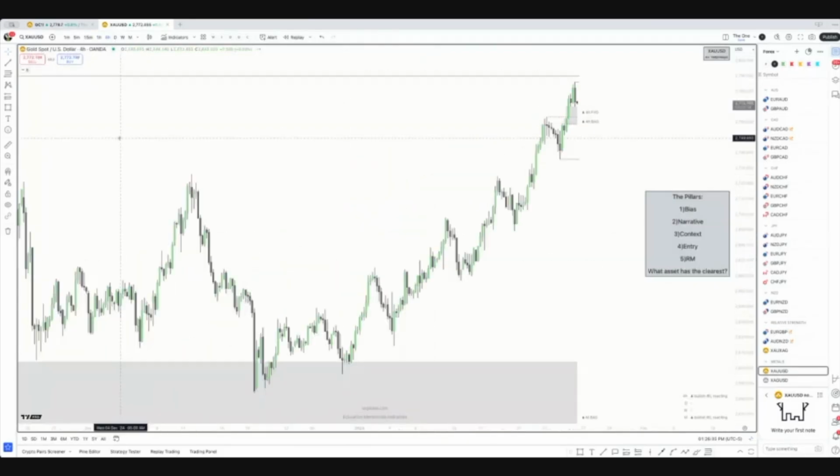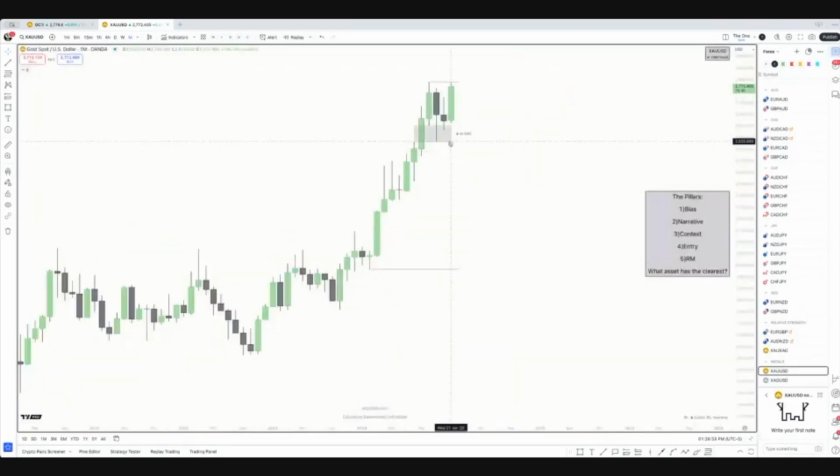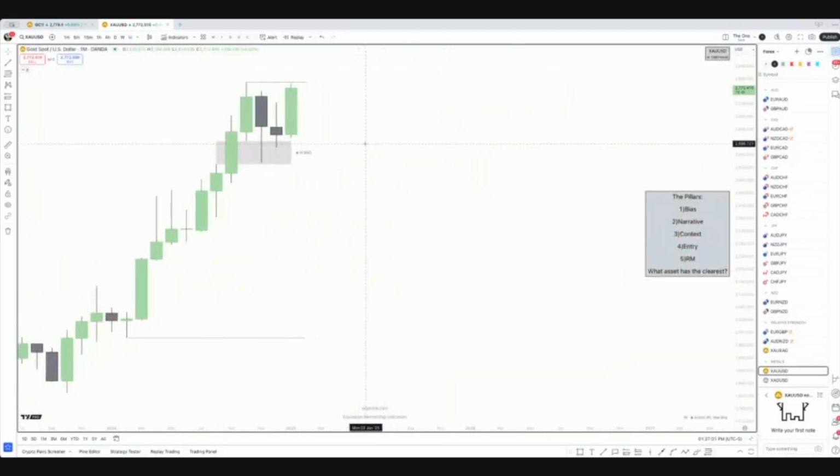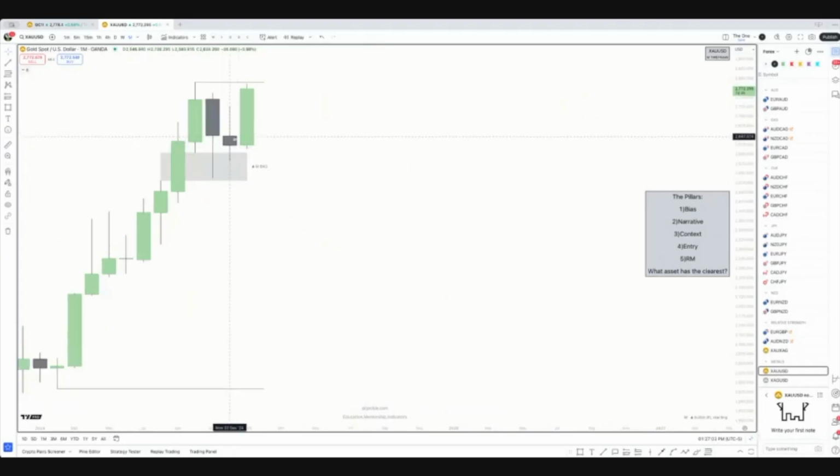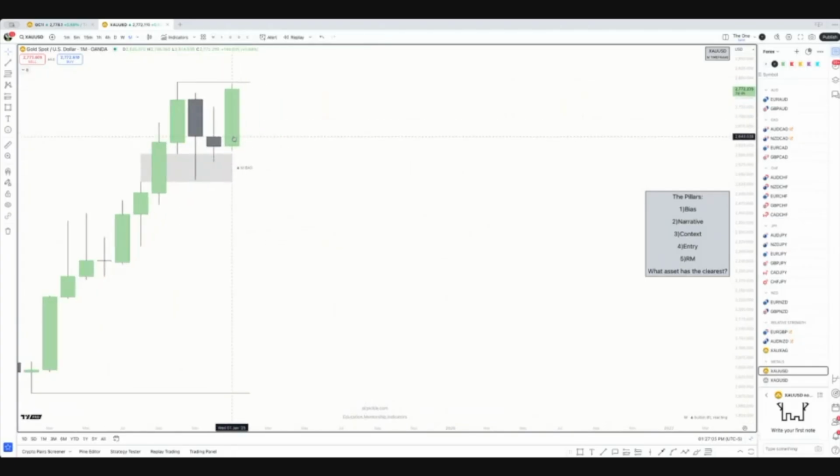But anyways, when would you go for a chain entry or go for a daily? Well, that option is entirely up to you. For example, what I do is if we have a monthly fair value gap, you can either wait for the daily fair value gap, or if you get the 4-hour fair value gaps first, you can just look to trade that.